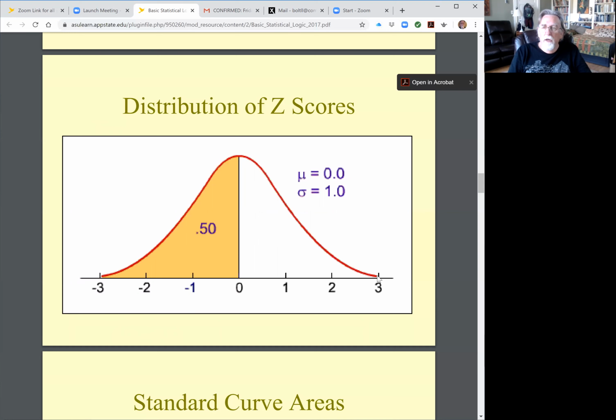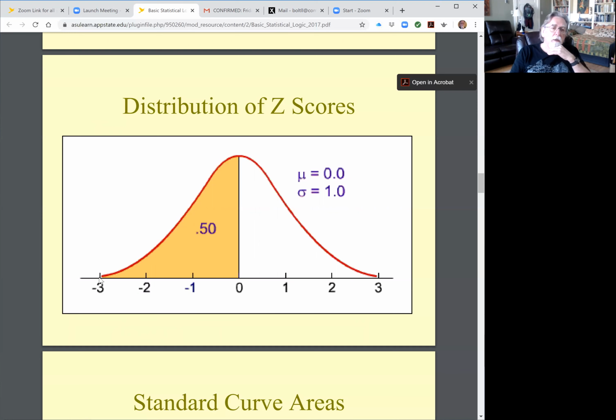But beyond about 3 standard deviations, the values become so small they're relatively meaningless. And so most of what we want to know about the standard normal distribution lies between 3 standard deviation units above the mean and -3 below the mean, or 3z above the mean down to -3z below the mean.